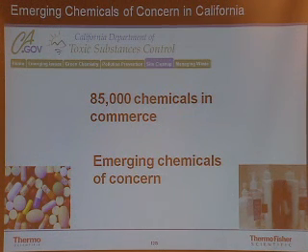Now, without going into all the details, these are all being investigated as non-targeted compounds. In other words, you have a large number of non-targeted compounds. This is not just in California. This is in the world today because we use a lot of industrial chemicals.